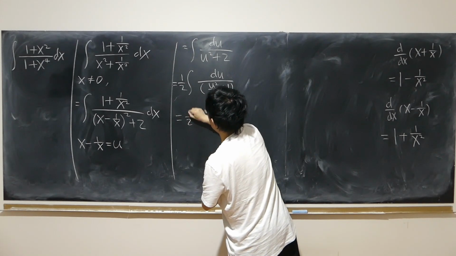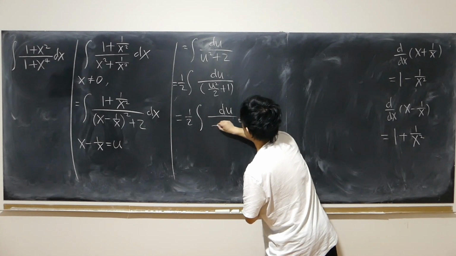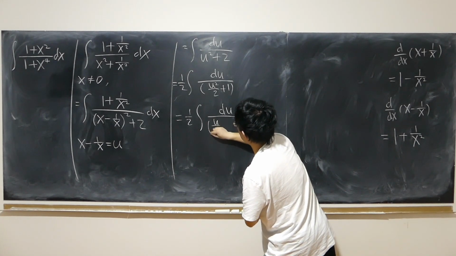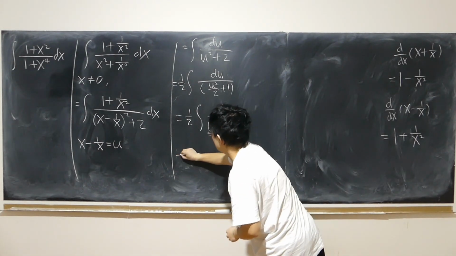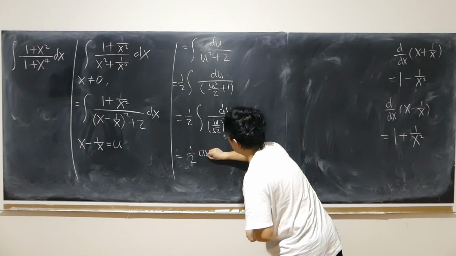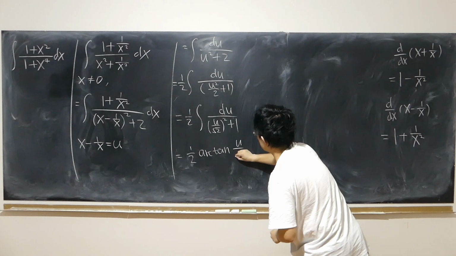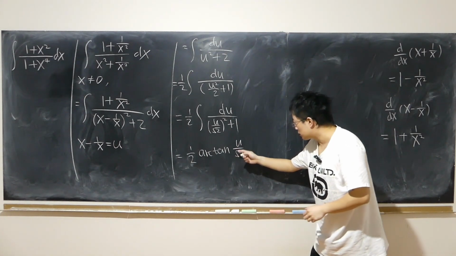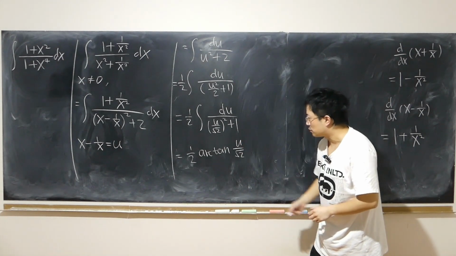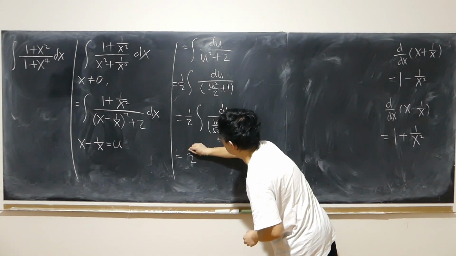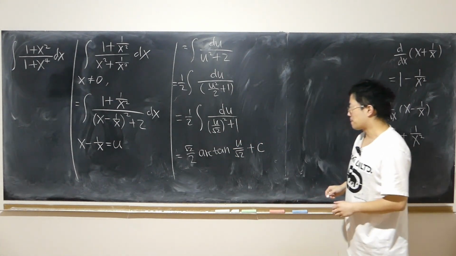That is square root of 2 times arctangent of u over square root of 2, all times a half. There's a constant here, so just divide by its constant, which means multiplying by square root of 2. Plus c.